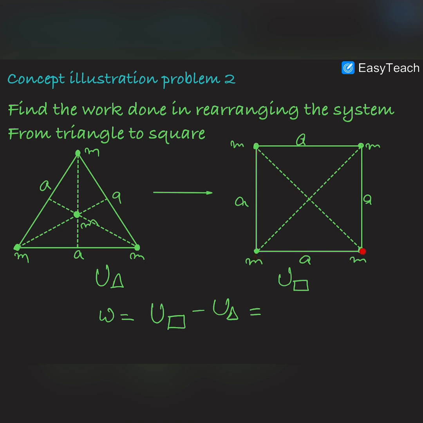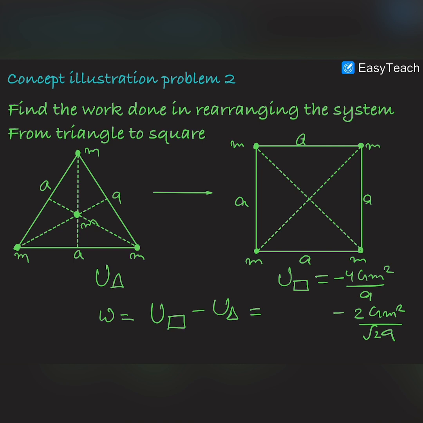This is 1, this is 2, this is 3, this is 4, this is 5, and this is 6. So for these pairs, let us find the potential energy of this square system. This would be minus 4 Gm square by a for these 4 pairs, and minus 2 Gm square by root 2a, because this distance is root 2a.